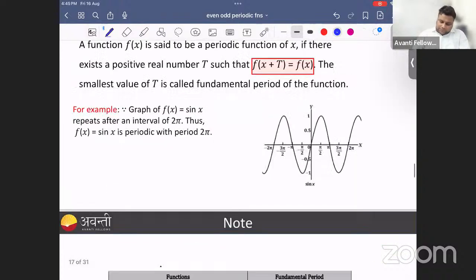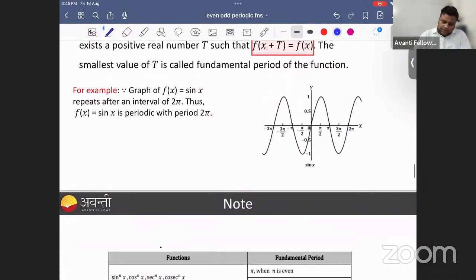Now, the graph of f(x) equals sin x repeats after an interval of 2 pi. Thus, f(x) equals sin x is a periodic function with a period of 2 pi. And this is what we can analyze from the graph also.